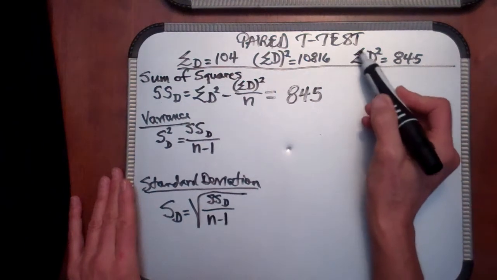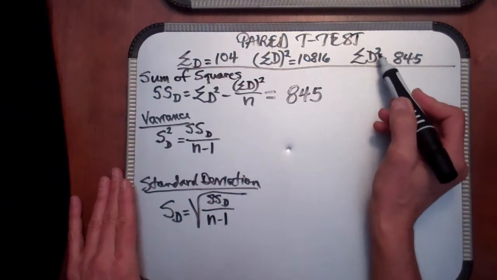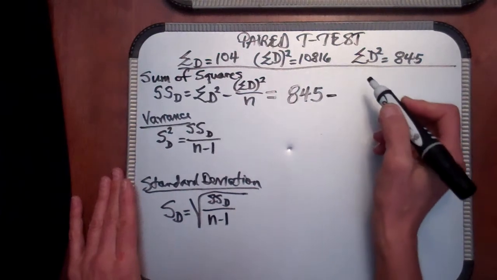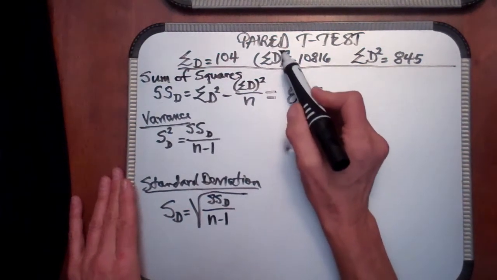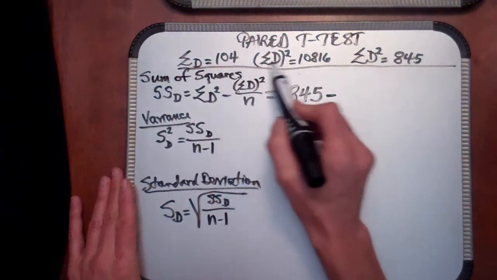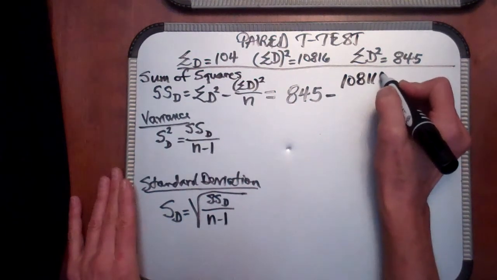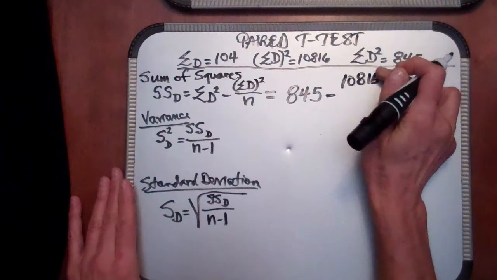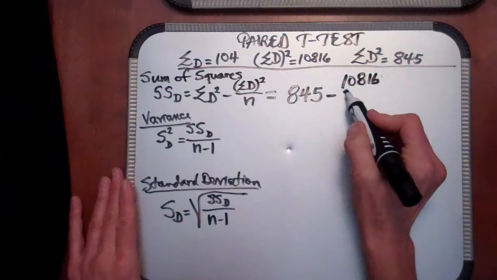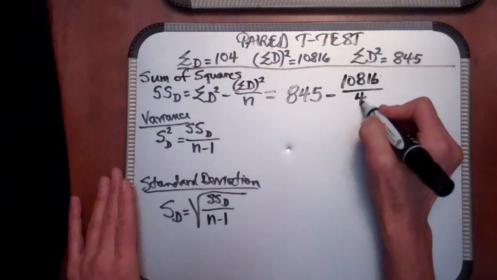So you sum up all the squared differences, and you subtract from that the sum of the differences, which is this, squared, which is 10,816, divided by 40, right?